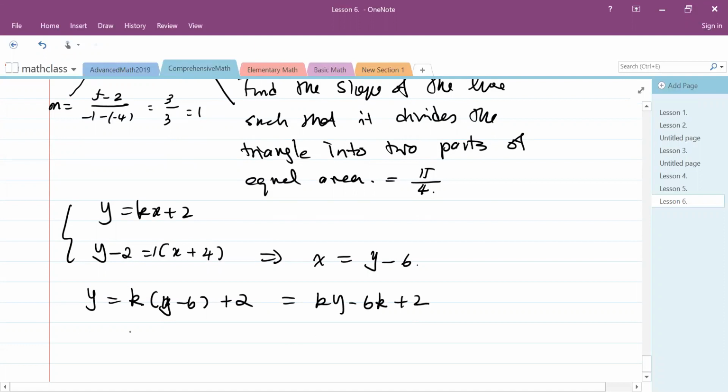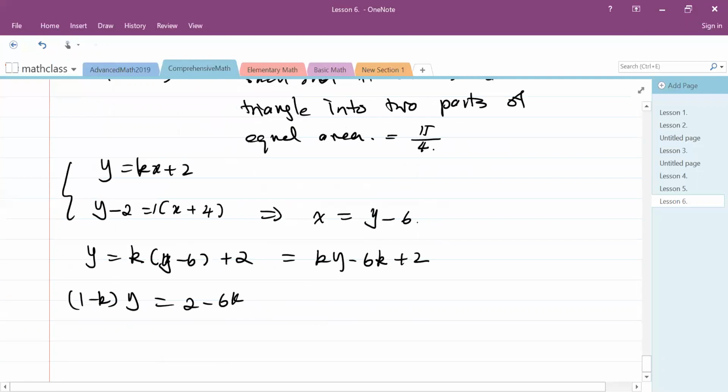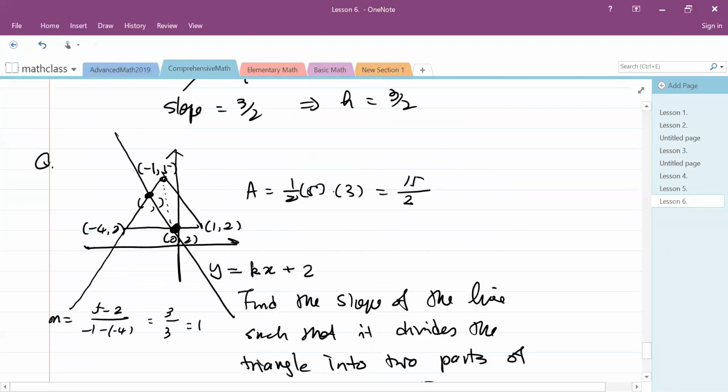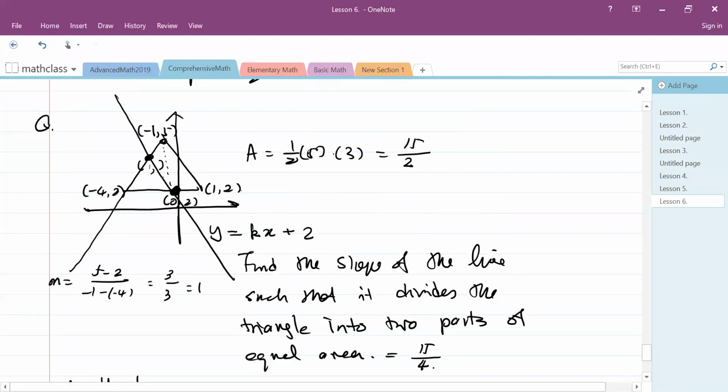So what you get is 1 minus k equals 2 minus 6k. Then you solve for y. Okay, so that is the y-intercept. If you know the y-intercept, you know the height of that triangle.